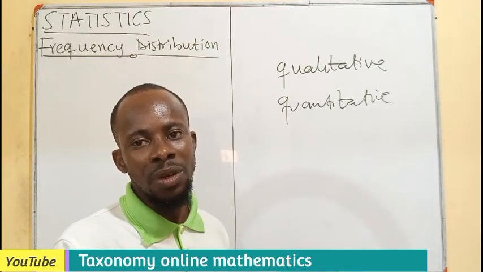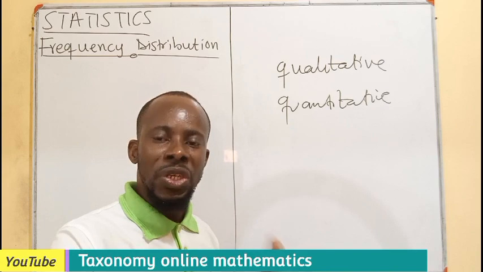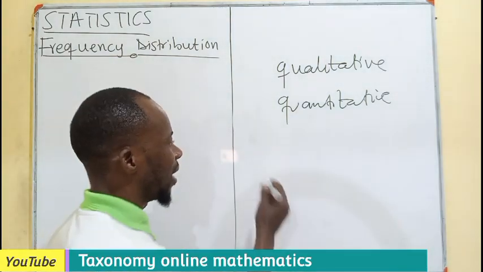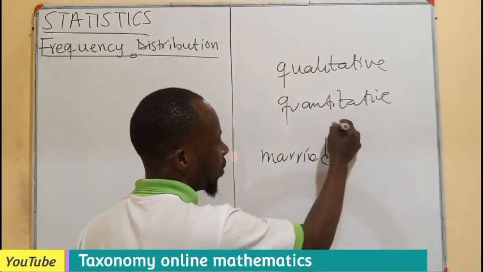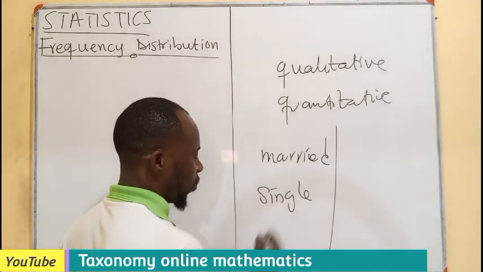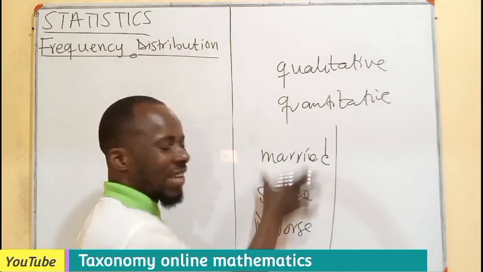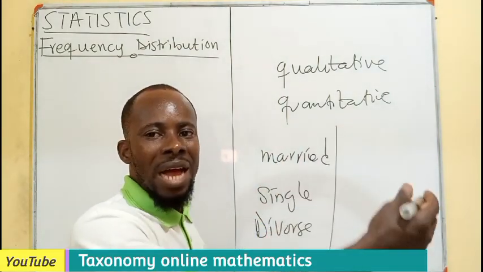each category. So for example, we can mention the population of a nation, whereby we indicate the married men, then we also indicate the single, we have the divorced. Then this is the category, and for each category, we are going to have a number assigned.